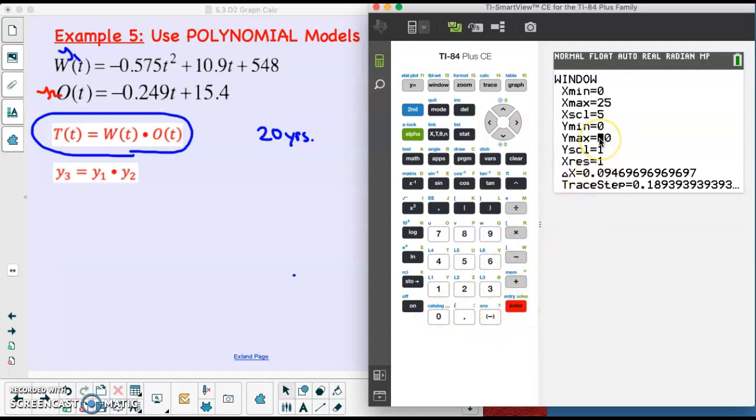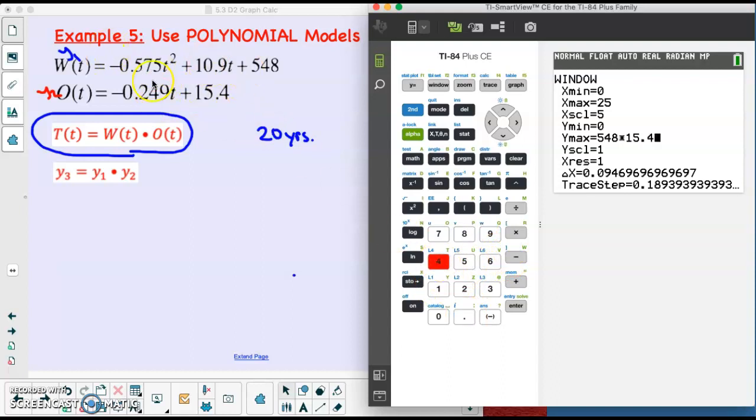The maximum, well, let's think about this. T of t, if I were to multiply these two functions together, the y-intercept would just be the two constants multiplied together. So I'm just going to multiply right now. 548 multiplied by 15.4. Again, think about it.